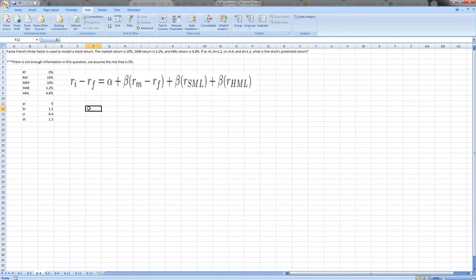So if we just read this question as stated, we would say, well, we know alpha i is 0, so we'll just drop that intercept value.